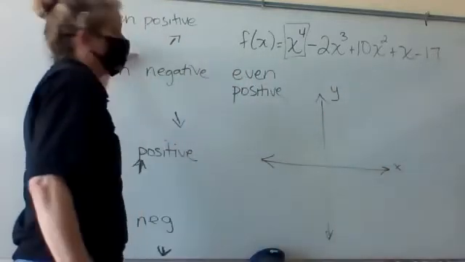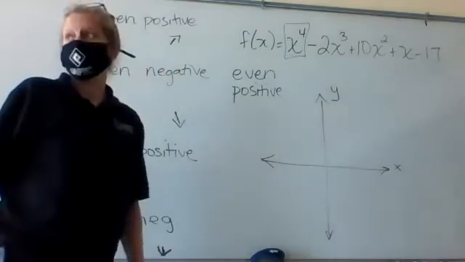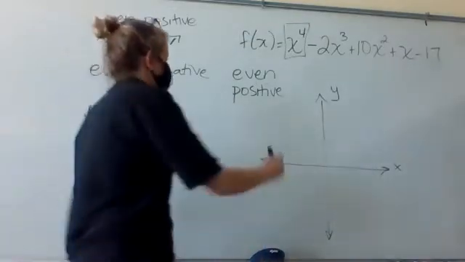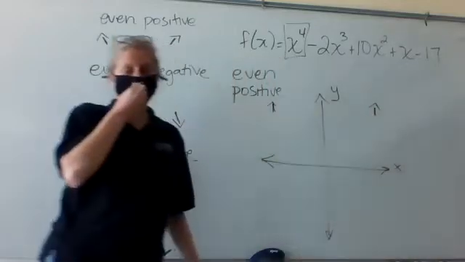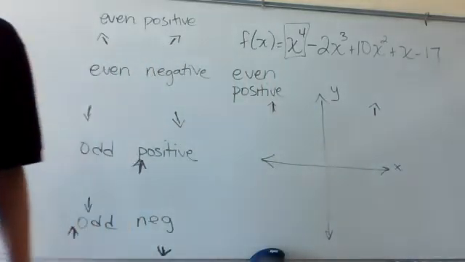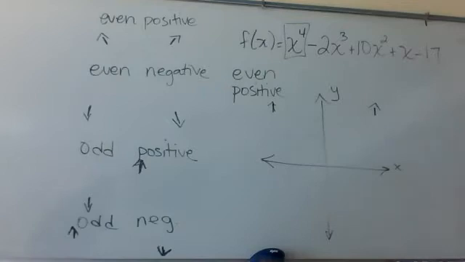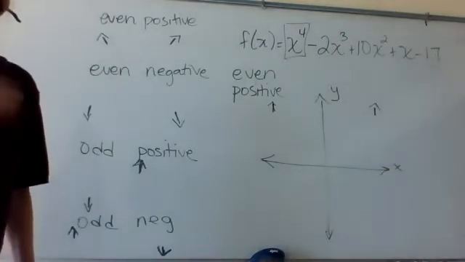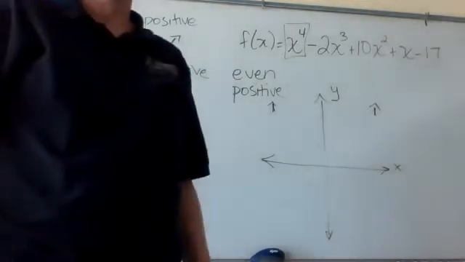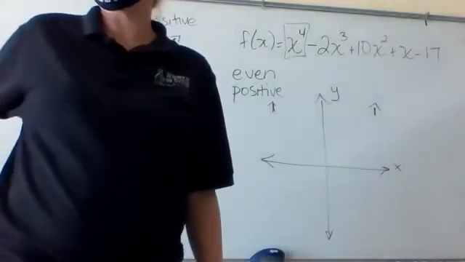Even positives mean both ends of the graph should end up at the top like this. Both ups. I think on this one, there should be two of them that do that, right? So I'm going to have to think of something else to distinguish between the two.